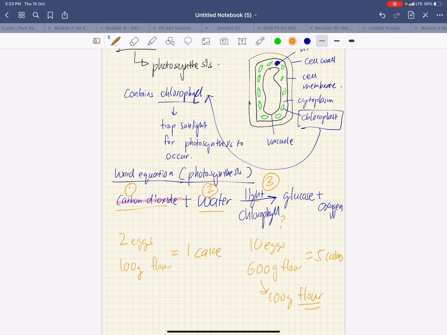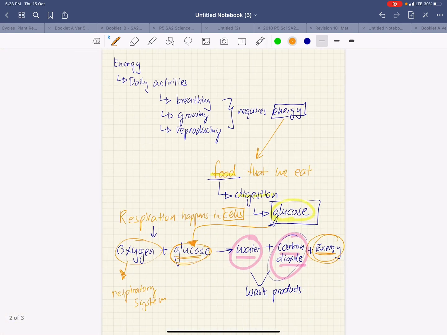Now, I would also like to point out that this glucose is the one that has energy trapped in it. And this is the source of energy for us, in fact, right? So if you look back at your word equation for respiration, glucose is actually our key ingredient, right?